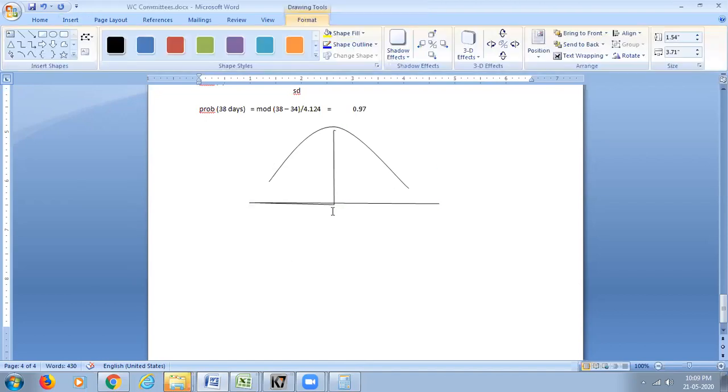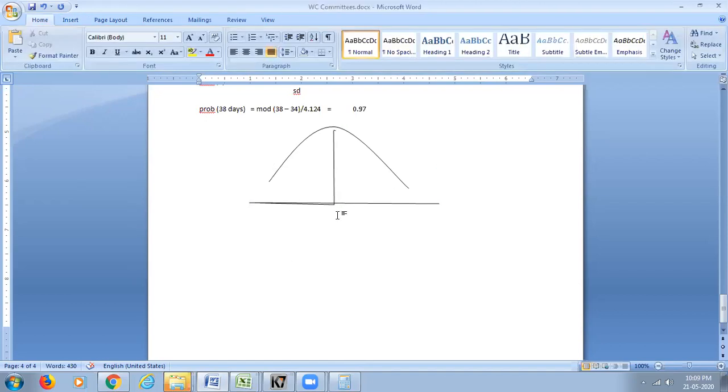The mu in the center is going to be 34 days. And the question asked here is 38 days. If you come somewhere over here, 38 days.